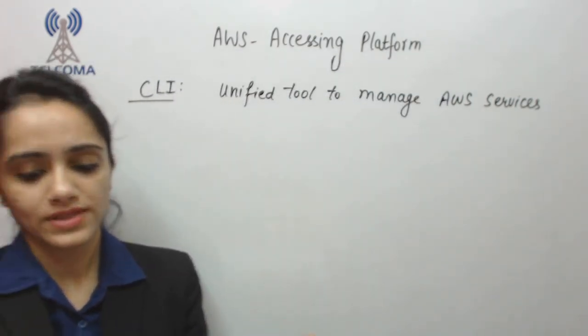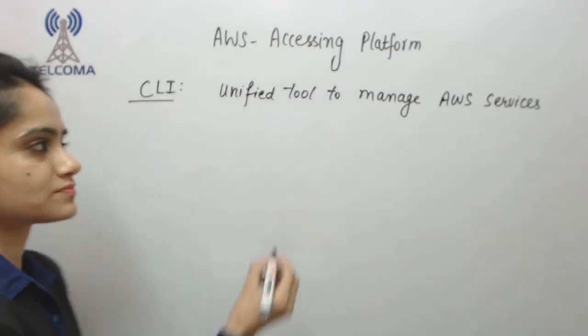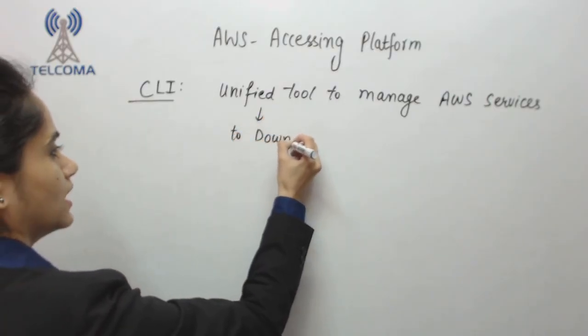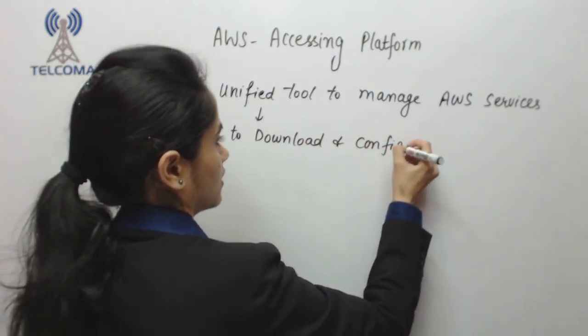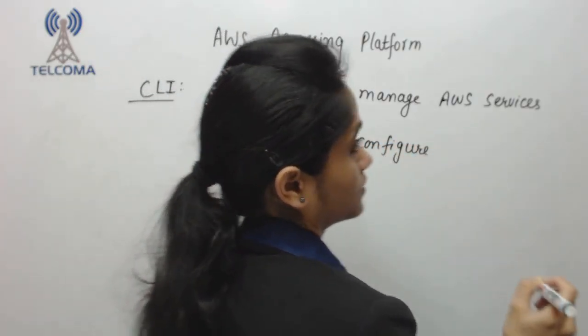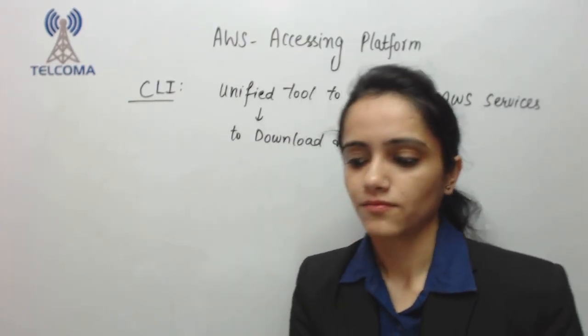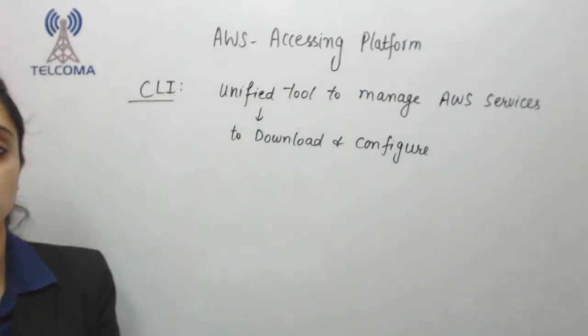It is just one tool to download and configure. With the help of this one tool we can download and we can configure. We can use multiple services from the command line and automate them using scripts.